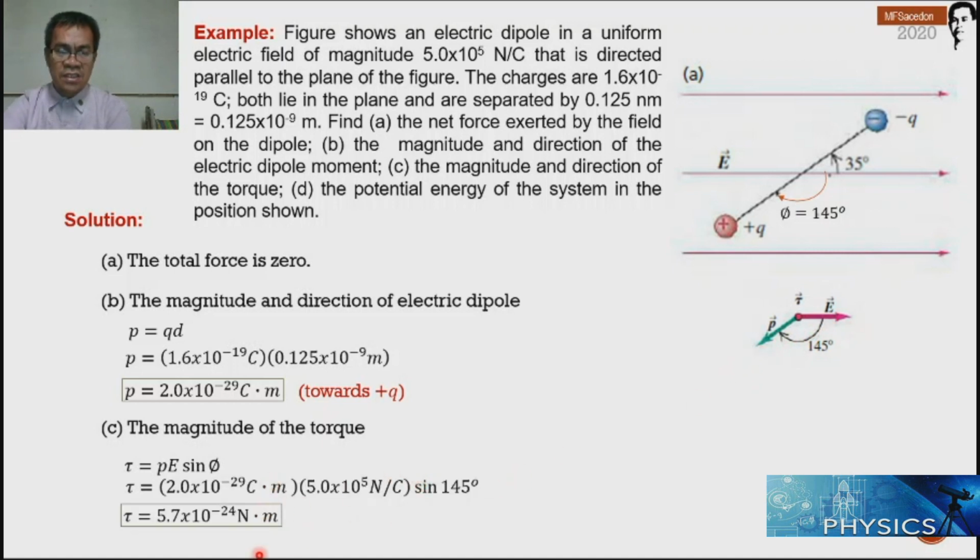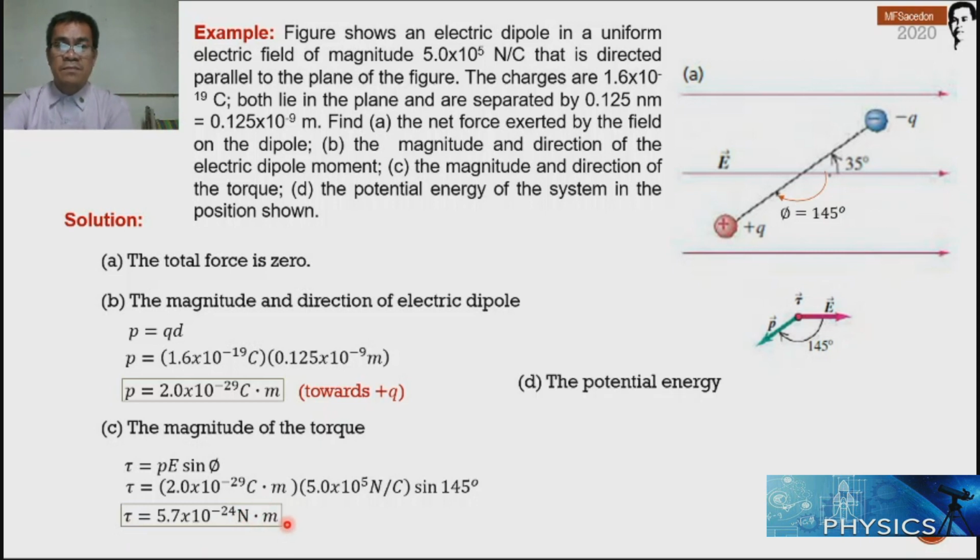Substituting its values, that comes up with 5.7 times 10 raised to negative 24 Newton meter. This is the unit of torque. And reminder, you cannot change this into a joule because this is torque. Torque, the unit must be Newton meter.